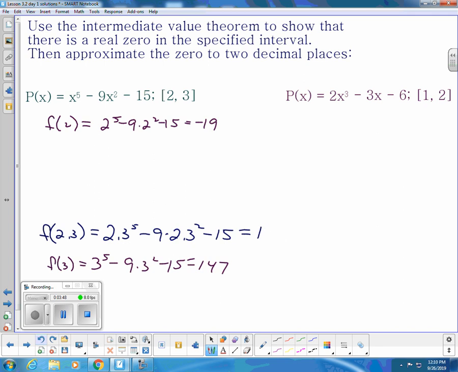Gives me 1.75. So now I know there's a 0 between 2 and 2.3 because I have a negative and a positive. Which one's closer to 0? The 2.3, right?